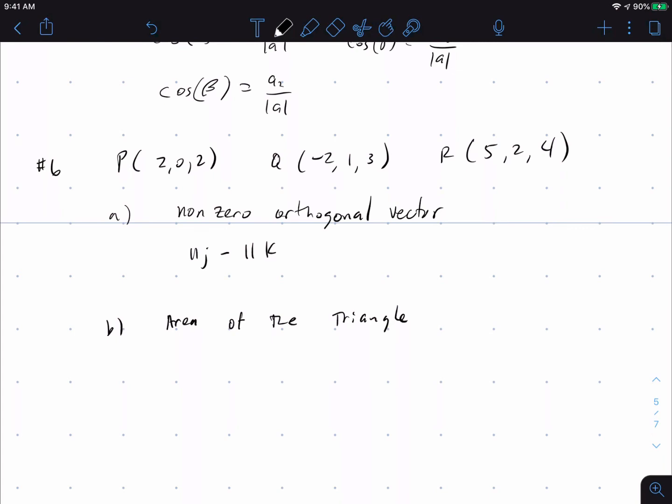Yes. And so the triangle that would be created would just be half the area of the parallelogram. So 1/2 the magnitude of the cross product, PR, not QR, is going to be 11 radical 2.